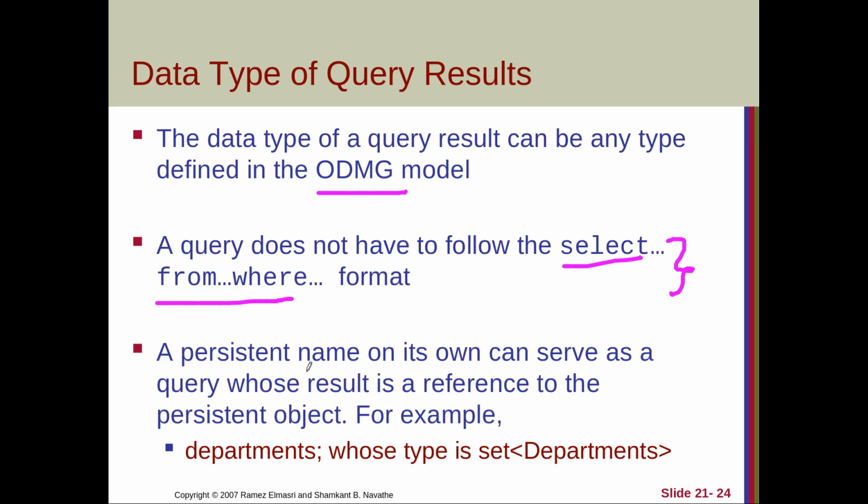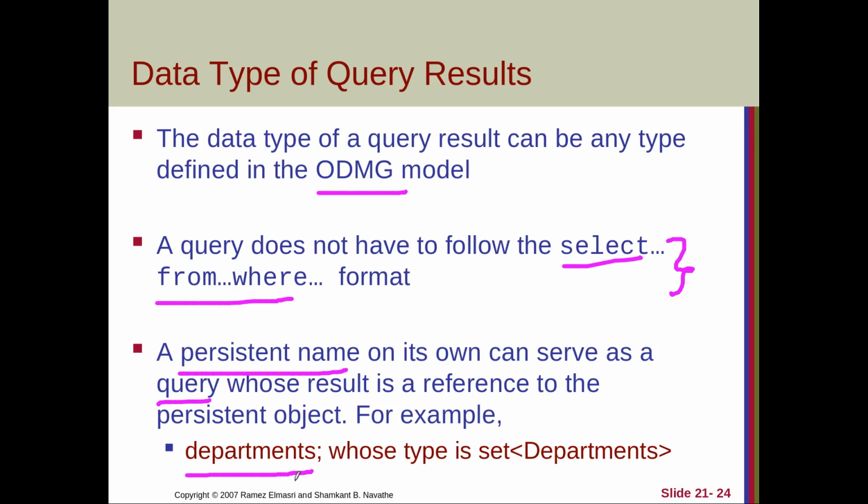Now a persistent name on its own can serve as a query. In the previous example, departments is a persistent name, a group name given for the entire group of department objects. So a persistent name itself can serve as a query. That means departments semicolon will retrieve all the departments.